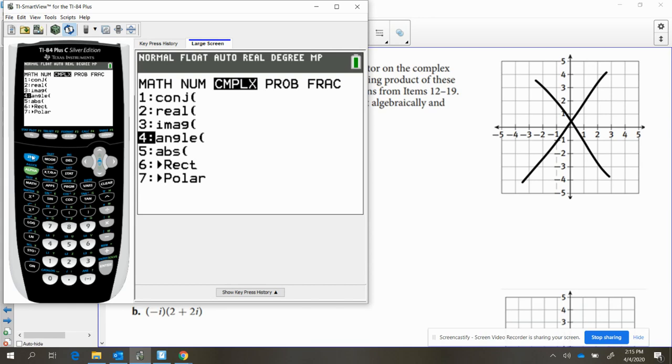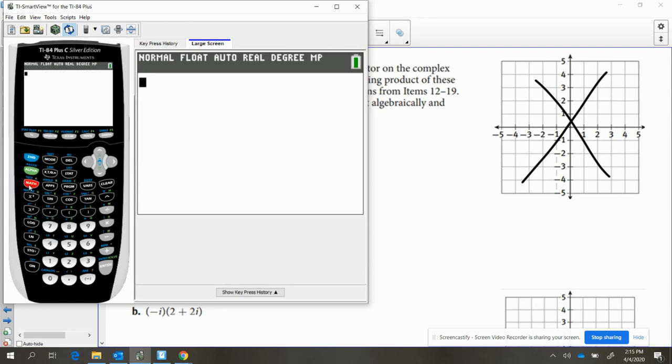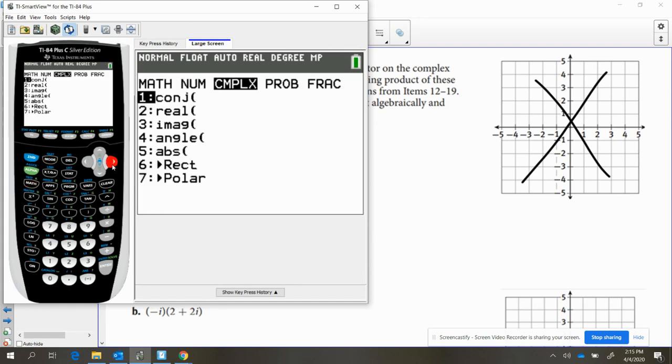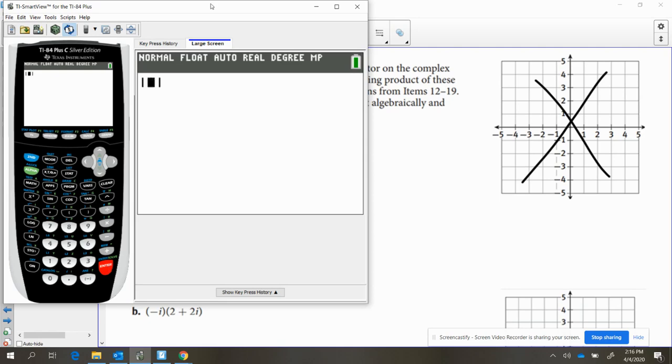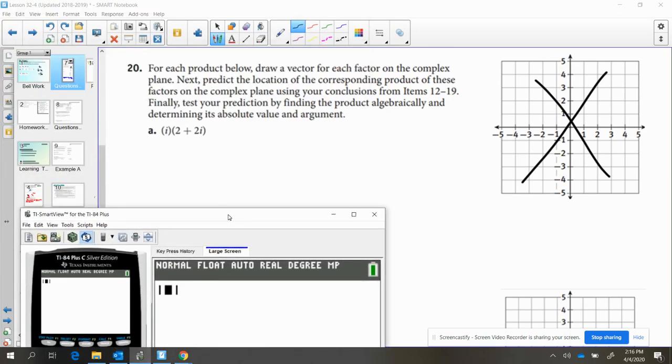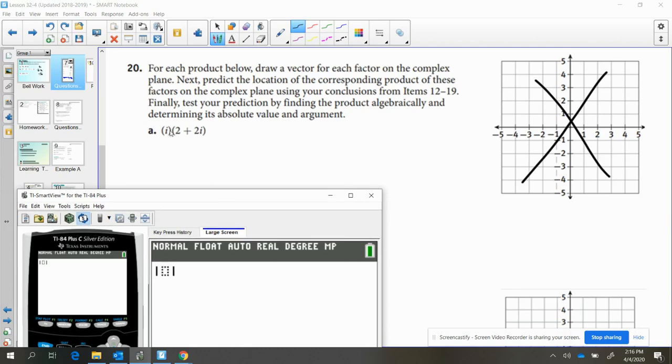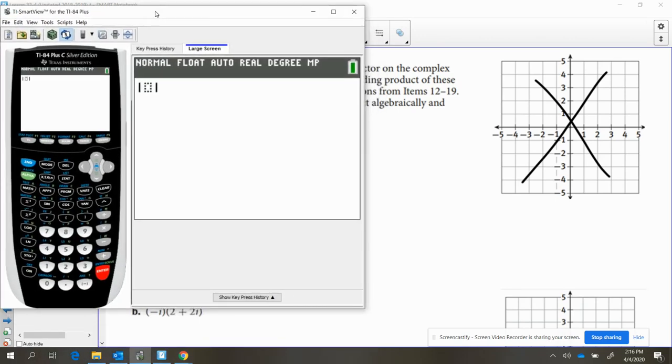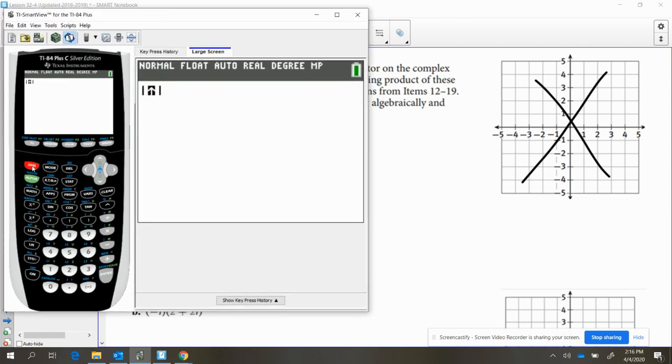Again, just one more time to show you: math button, scroll over to complex, and select option 5, which is the absolute value. What we're going to look for is the absolute value of each of these individual values in number 20: i, and 2 plus 2i. So if we hit second decimal point, that gives you your i. If you hit enter, you'll see that the absolute value of that is 1.